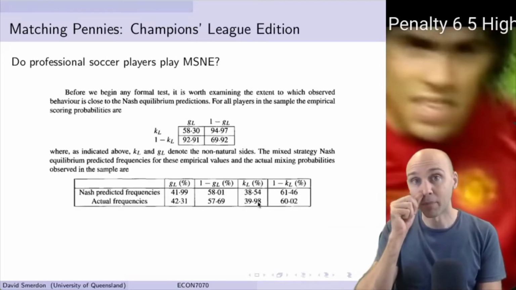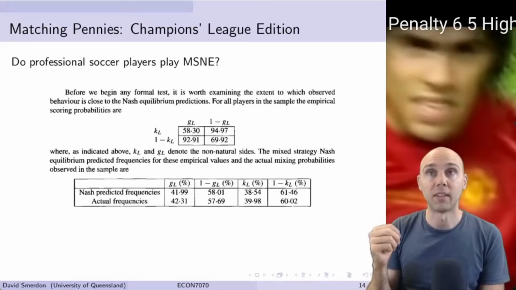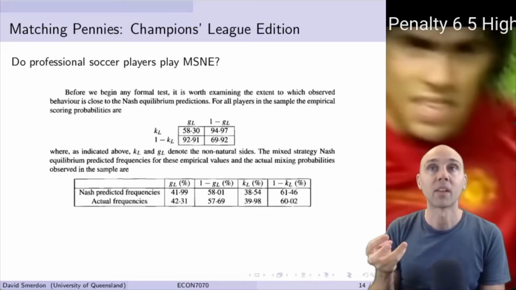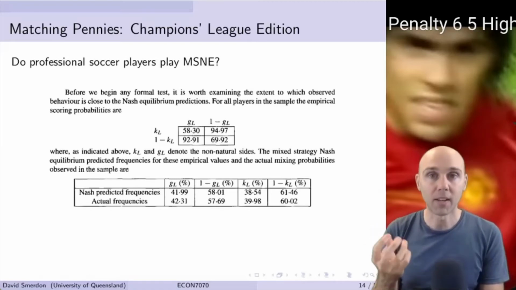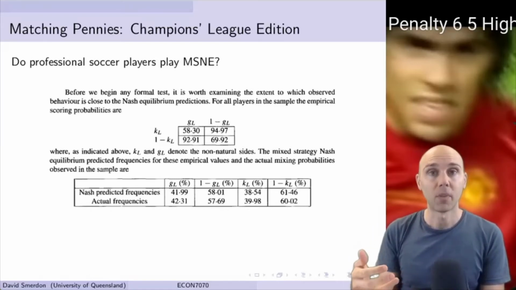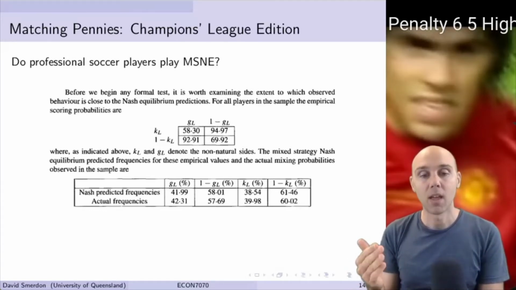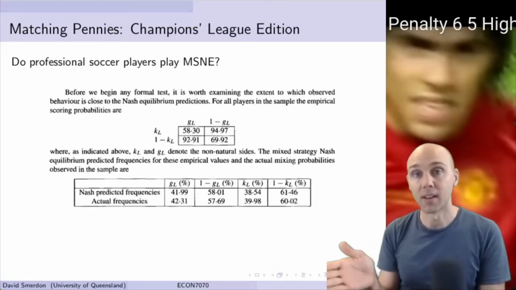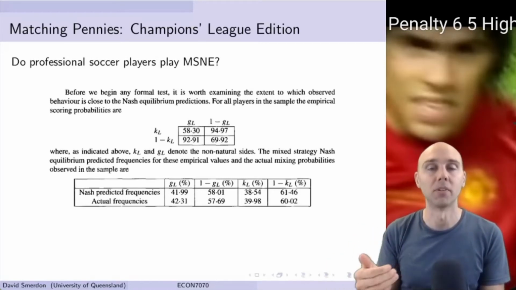Now in this game, the payoffs are in terms of the expected chance of scoring, and they're not exactly 50-50 like in matching pennies, because, for example, for a right-footed kicker, you have higher chances of scoring against a goalkeeper in one corner versus another, just because you can kick a little bit faster and more accurately towards that corner.